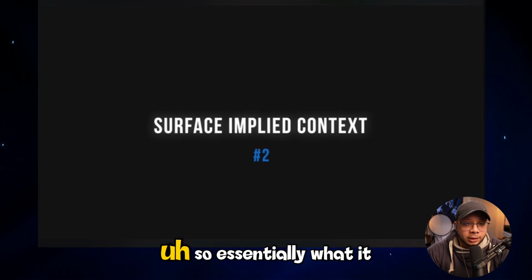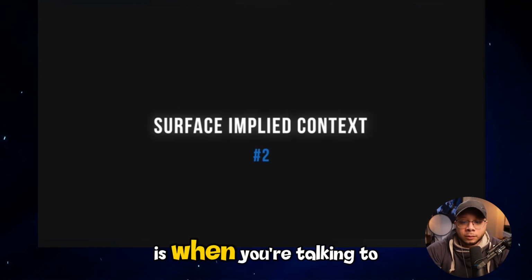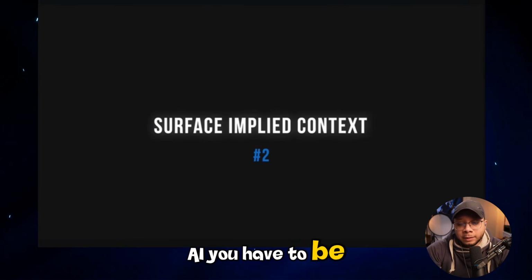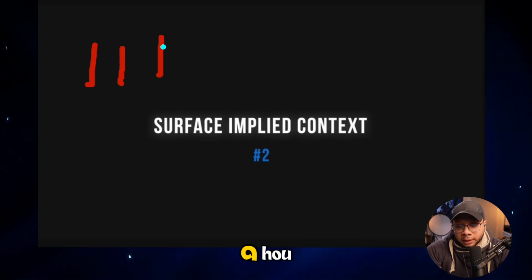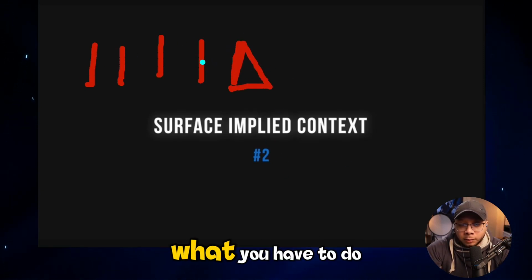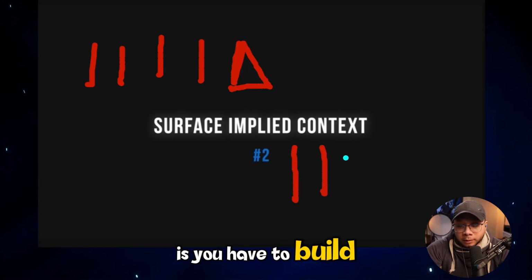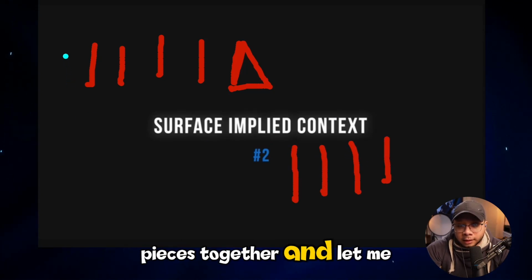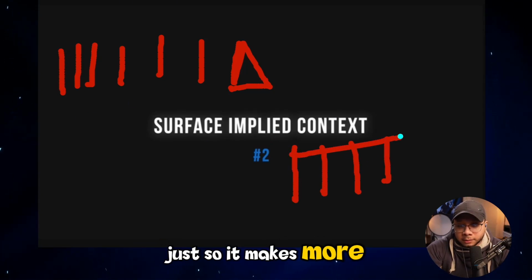Implied language. So essentially what it is, when you're talking to AI, you have to be specific. Say if you're building a house and you know the pieces, what you have to do is put the pieces together. And let me just add two more lines just so it makes more sense.